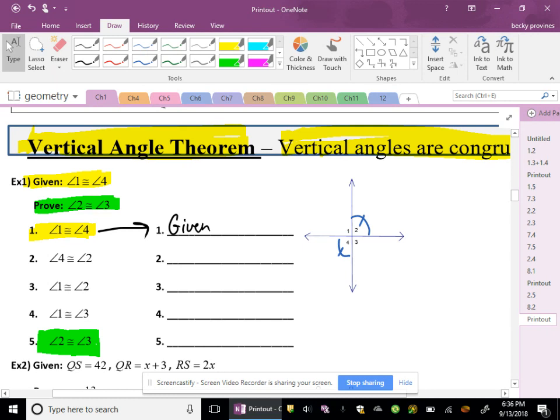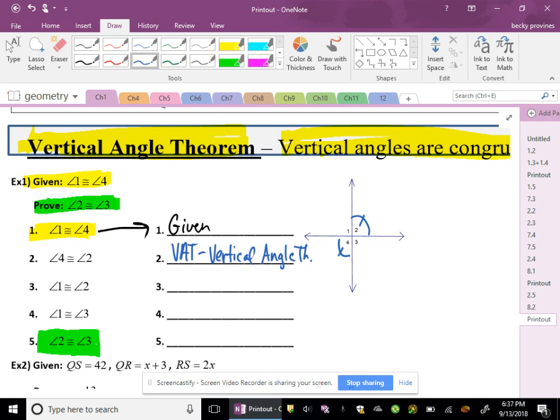But as you know, a lot of times mathematicians are a little bit lazy and time efficient. So another way of writing vertical angle theorem is to abbreviate it, VAT. If you hate that, feel free to write it out. Okay, I will start abbreviating VAT as we go through.